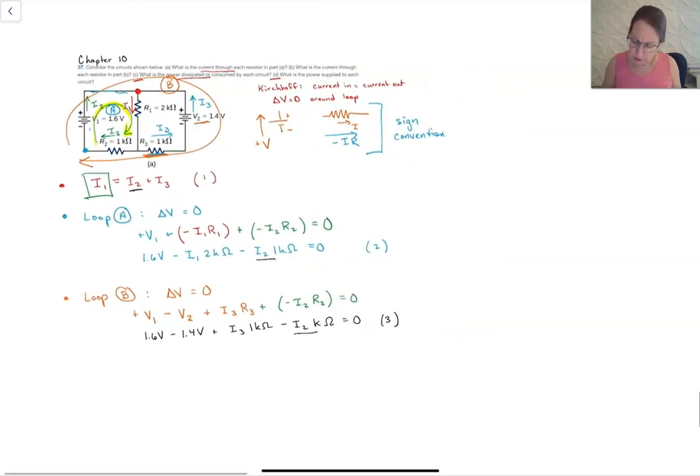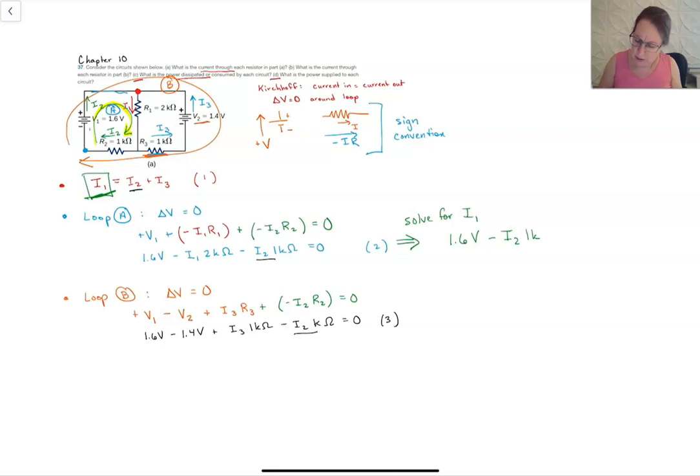So I'm going to rewrite equation 2. I'm going to solve for I1 so I can substitute that into equation 1. I want I1 by itself, so I'm going to take the I1 term over to the other side. So I've got 1.6 volts minus I2 1 kiloohm.